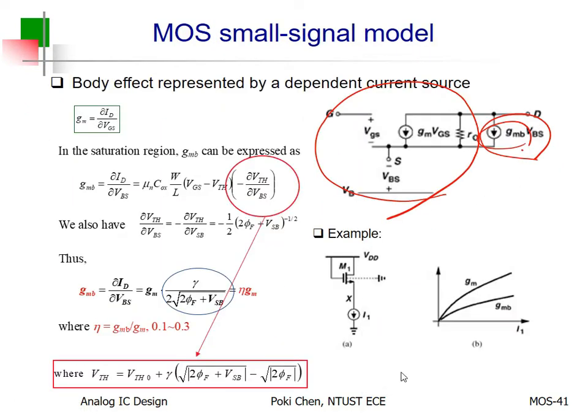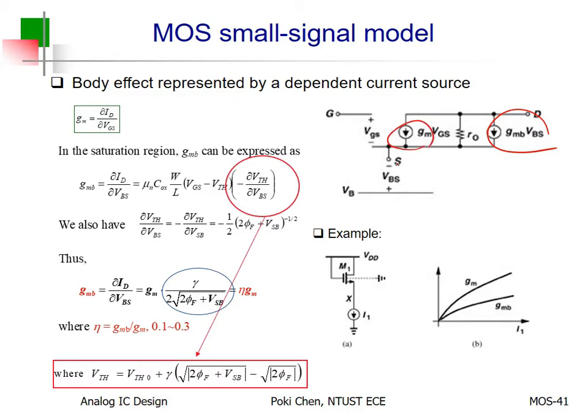If you cannot eliminate the body effect with deep N well, then you had better consider such kind of body effect. And I told you already, body can be viewed as the second gate. It can also be used to control the current. So you have the main gm.